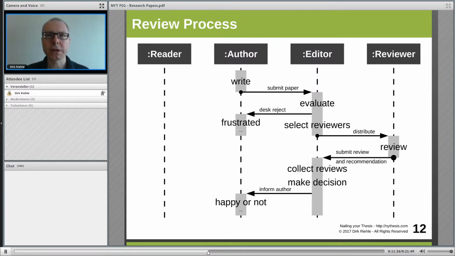And then the editor looks at it, and the editor, say of a journal here, is responsible for a particular topic area or field of research. And if your research publication does not fit that field, if the editor believes it's the wrong audience here, wrong field, you'll get your paper rejected right away. It's a so-called desk reject.